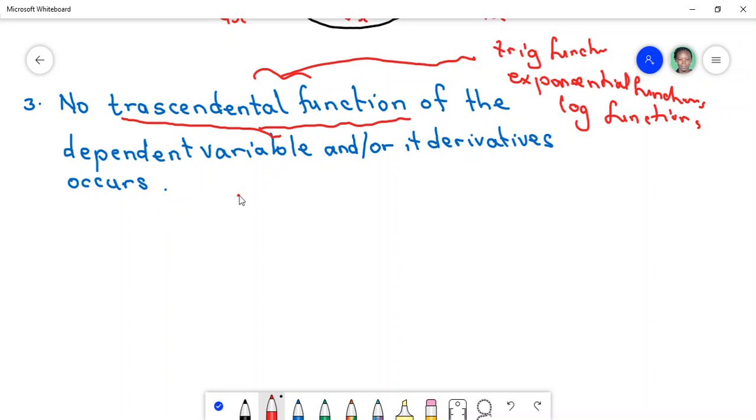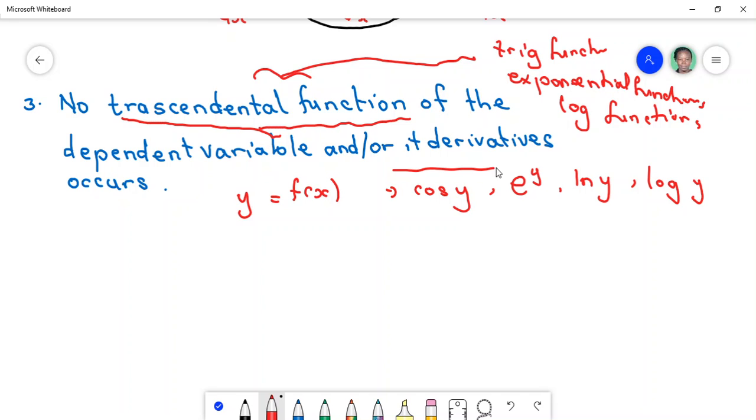So that if I have a function y equal to f of x, under no circumstance should I have cos of the dependent variable or sine, or an exponential function e to the power y, where y is the dependent variable, or ln y or log y.